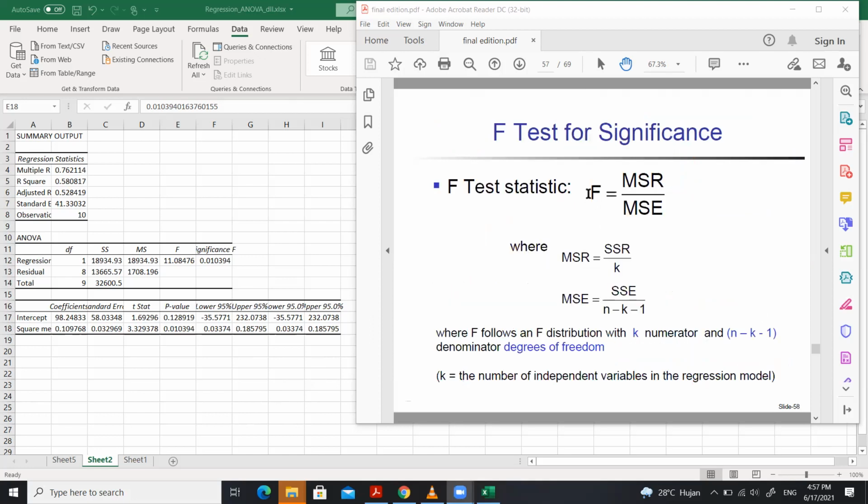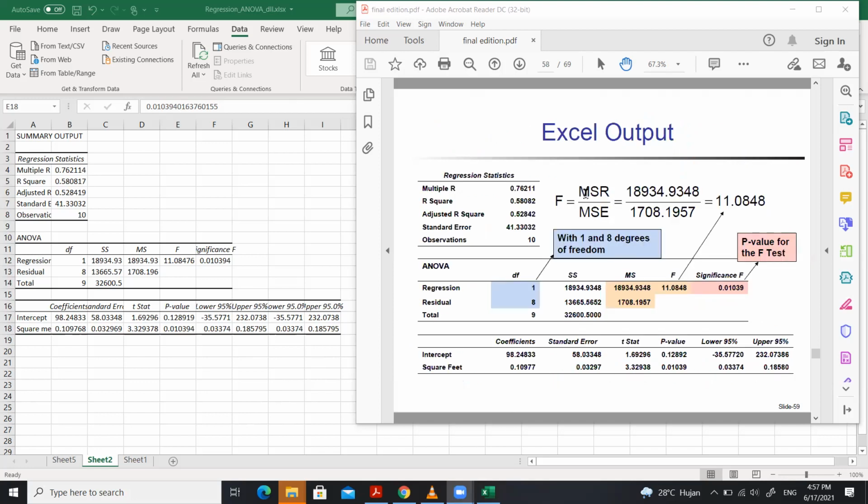This is the F test actually. You can see here for the F test from the Excel, it's similar.